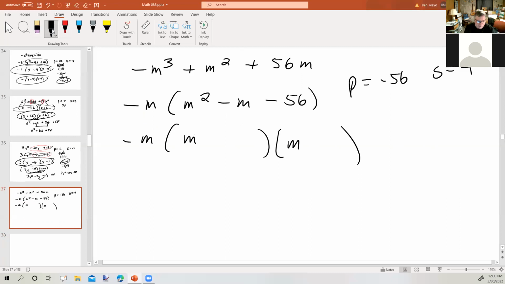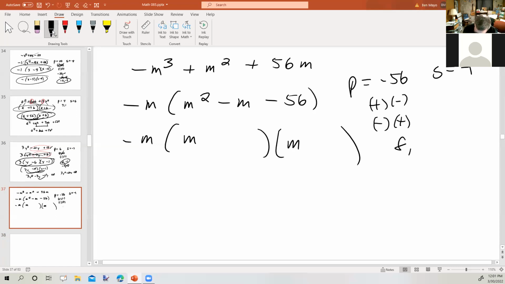Sum is negative 1. To get a product that's negative, we need a positive and a negative. Oops, I keep wanting to write a 1 there. Positive and a negative, or a negative and a positive. But the sum is negative. So the negative has to be bigger than the positive, but only slightly. Can you think of two numbers who multiplied together give you 56, and those two numbers are really close?